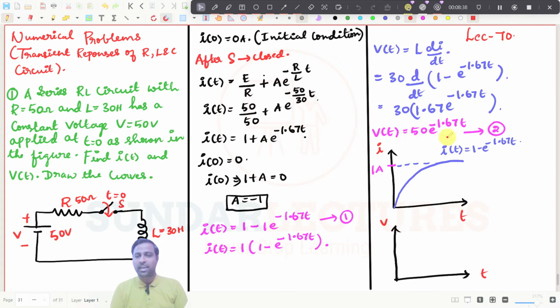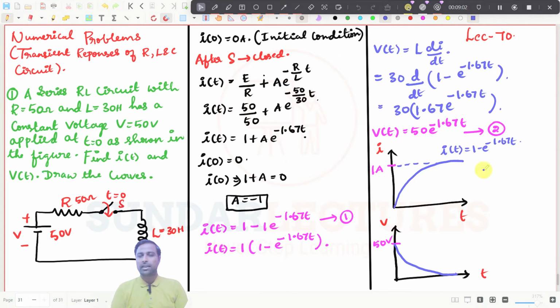It is a decaying curve, right? Because there is no 1 minus e power here, it will be a decaying curve. If, for example, this is 50 volts, the curve will be decaying down to 0.